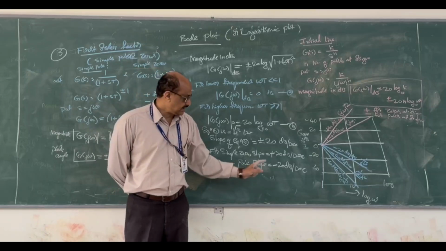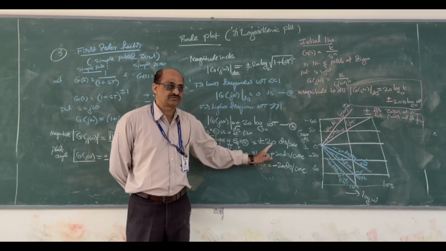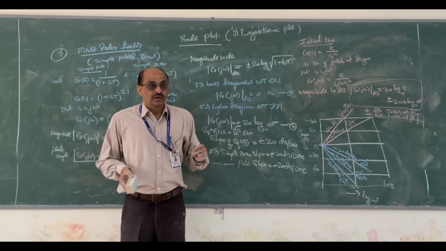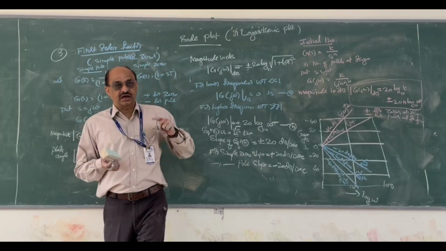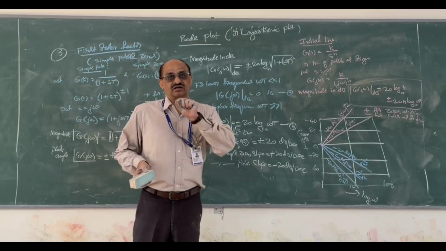I hope you understand this. Minus for a pole, plus for a zero. Now, the frequency at which these two lines meet is known as the corner frequency.